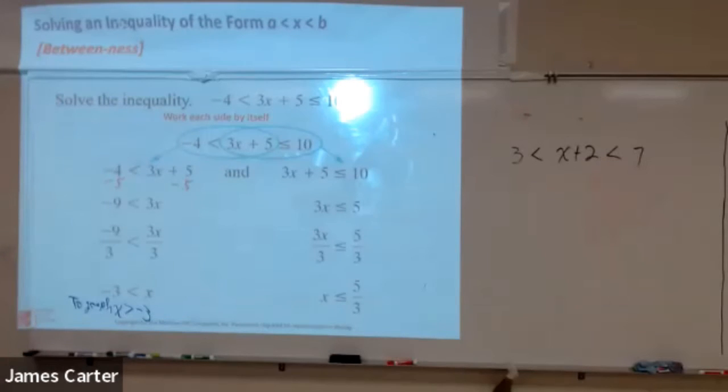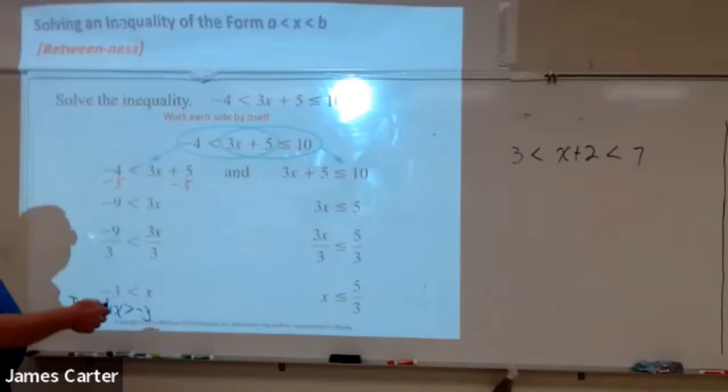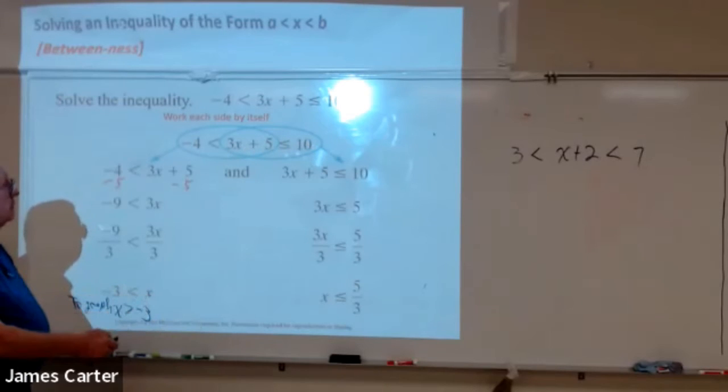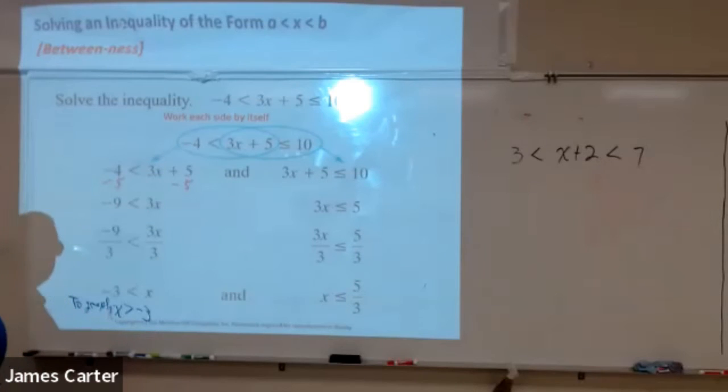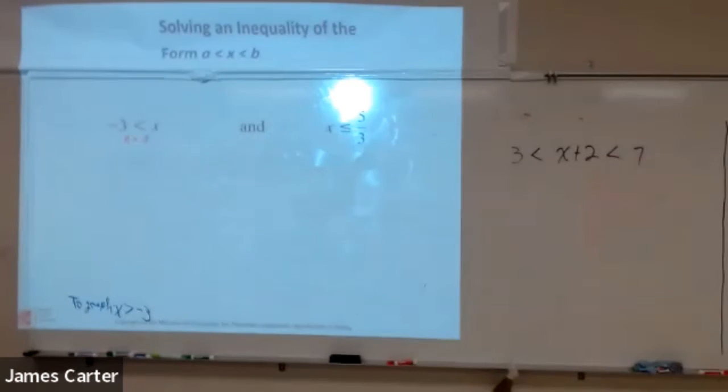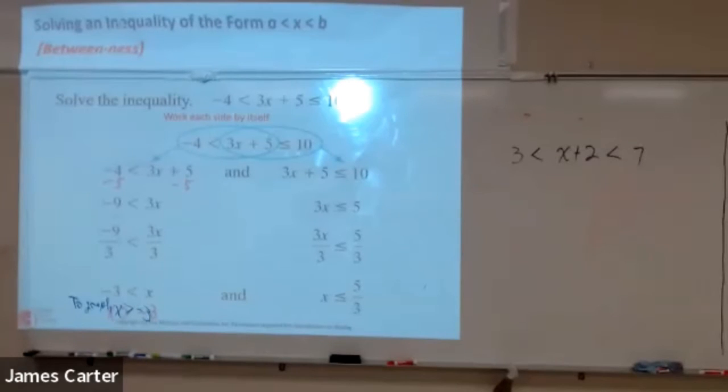Here's the other side. 3x plus 5 less than or equal to 10. Okay. Move the 5 over, divide by +3, so we don't flip. And we get x is less than or equal to 5/3. And so you don't take the second sign to graph it?